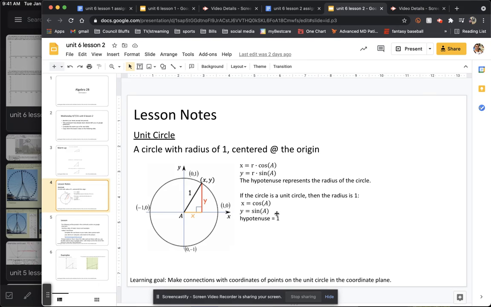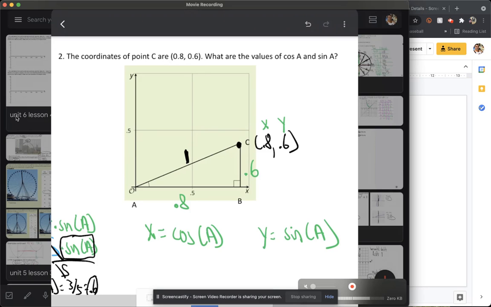So because it's a unit circle, I know that x is equal to cosine of a, and I know that y is equal to sine of a. So I can use these formulas here because it's a unit circle. Why is it a unit circle? Because the radius is 1.